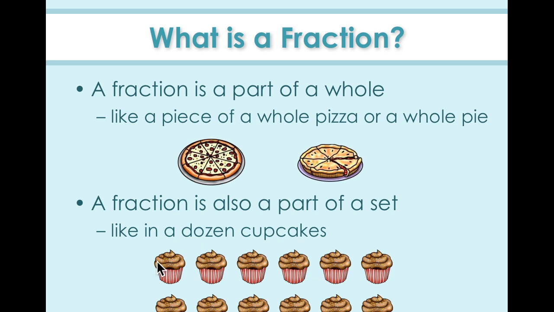If you cut the cupcake, then you will have parts of cupcakes, but these cupcakes are each one forming a group of cupcakes. We call it a set of objects. So, understand it well, when you have a whole pizza, that is a whole object. But if you have a group of objects, we call it a set.